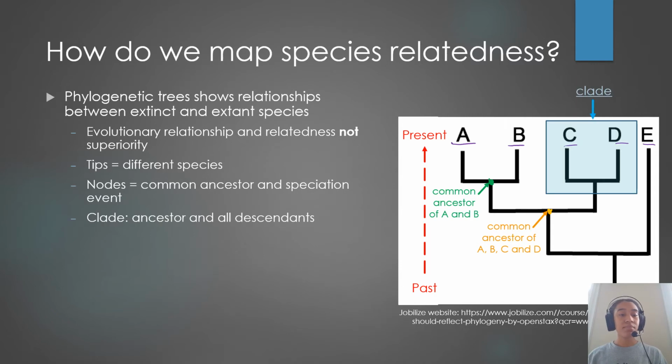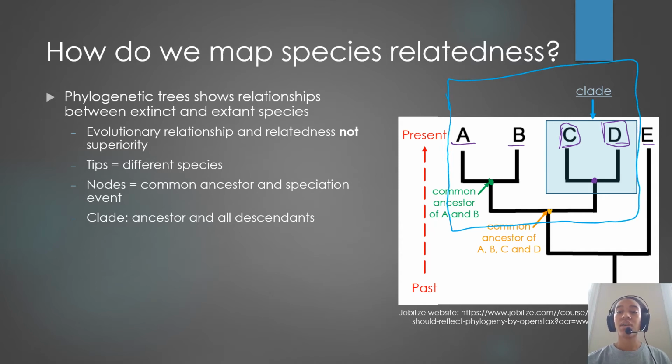Okay. And then we have our clades. A clade is a group of organisms that is the most recent common ancestor and all of its descendants. So this example here includes C, D, and their common ancestor, right? If you wanted to draw an even larger clade, you can draw a clade that looks like this.